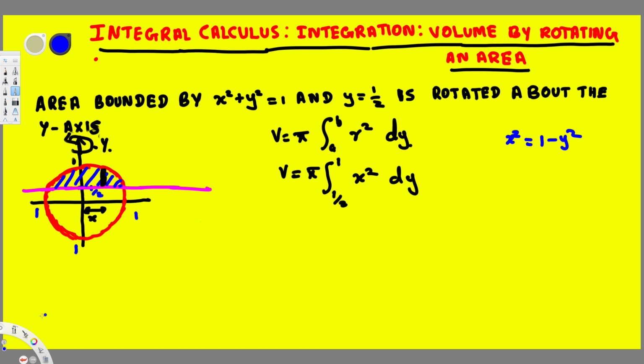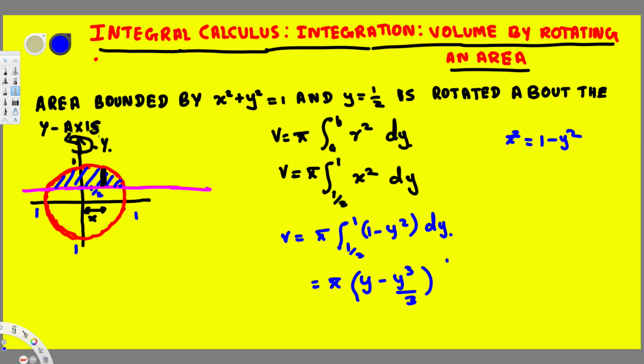Now let's go ahead and replace it. So V equals pi times the integral from 1/2 to 1, and instead of x squared I plug in 1 minus y squared dy. Now integrating this is easy. This is just y minus y cubed divided by 3, going from 1/2 to 1.